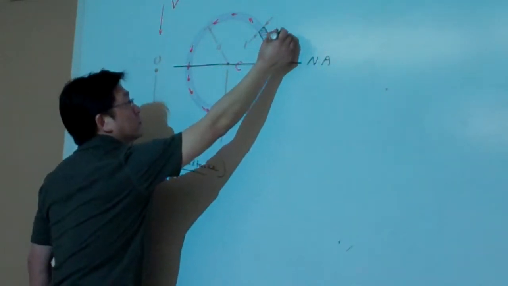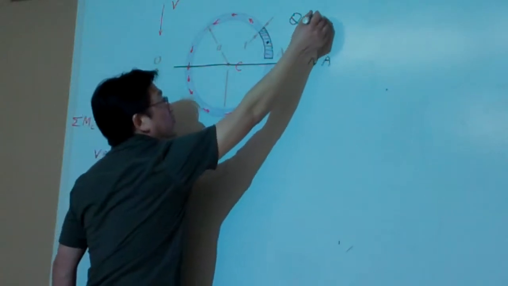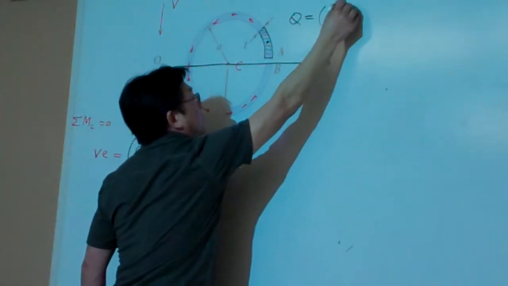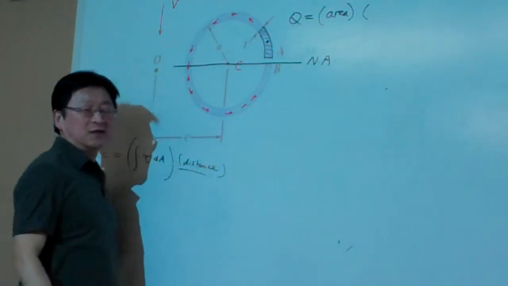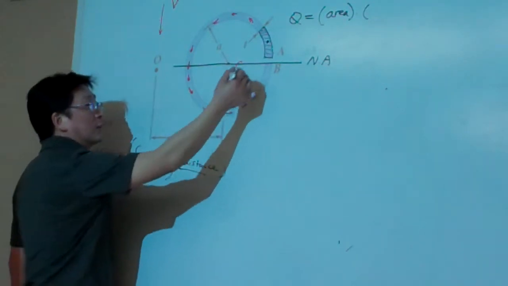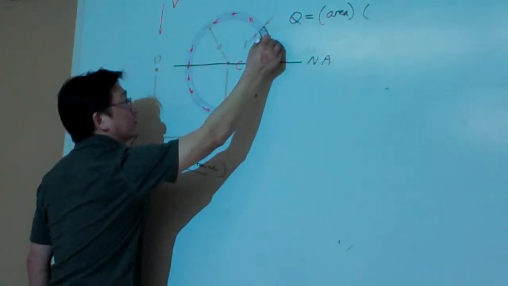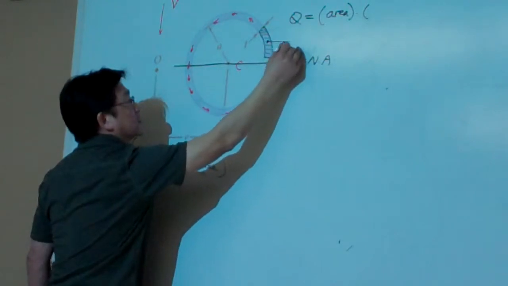So now we want to calculate Q. That will be equal to the shaded area multiplied with the distance of the centroid of the shaded area to the neutral axis. So here, let me call it y bar.